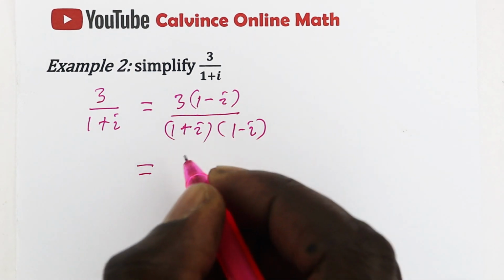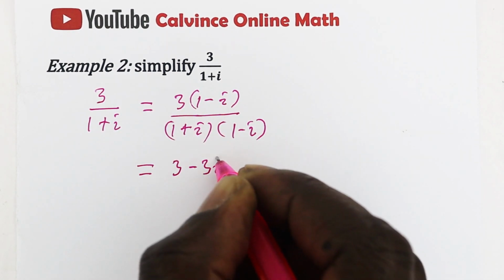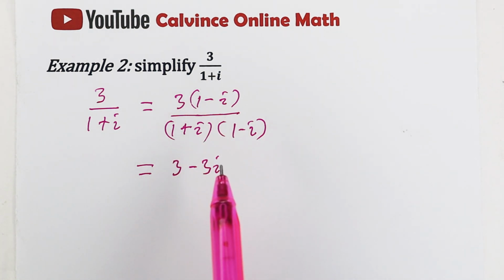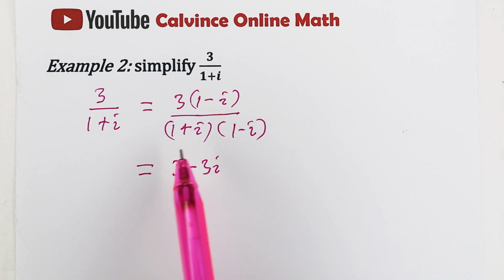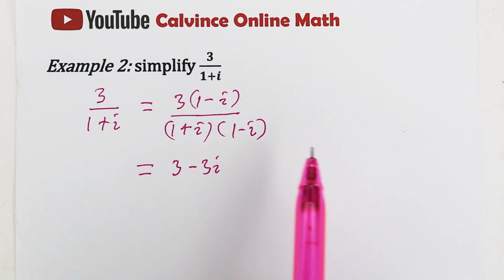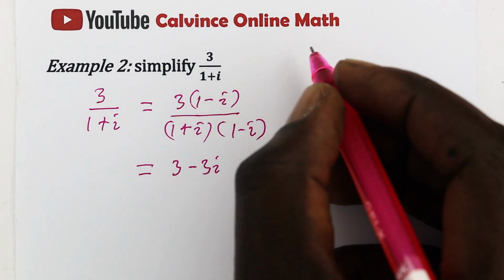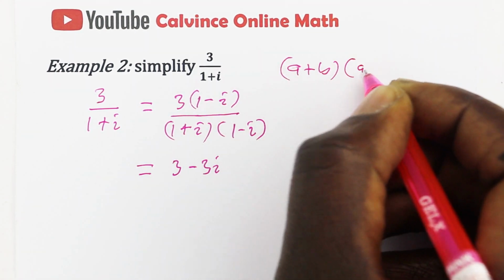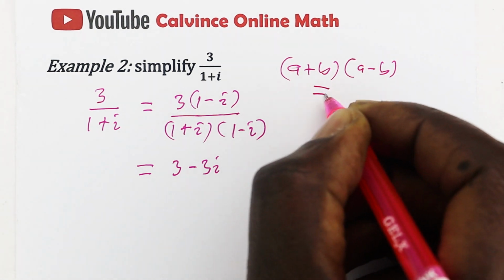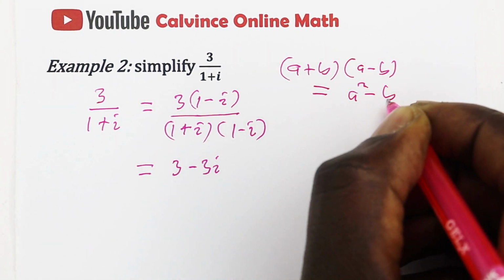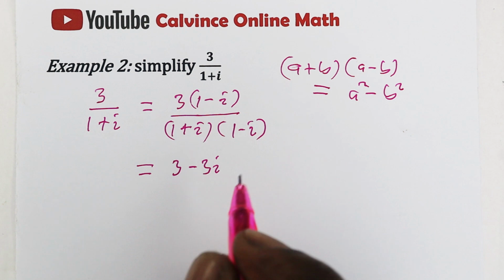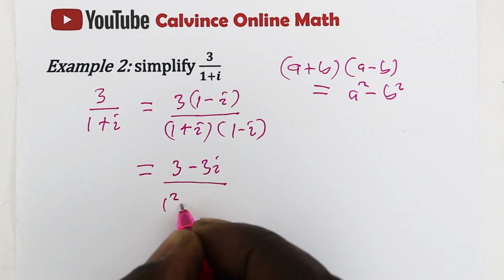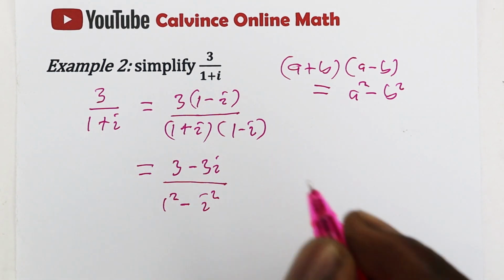In the numerator, you just have 3 minus 3i. But for the denominator, you can either use the distributive property, or you could just use the quadratic identities. Like in this case, we have the case where a plus b times a minus b is the same as the difference of squares. So we can apply that for this denominator, so that we have 1 squared minus i squared.